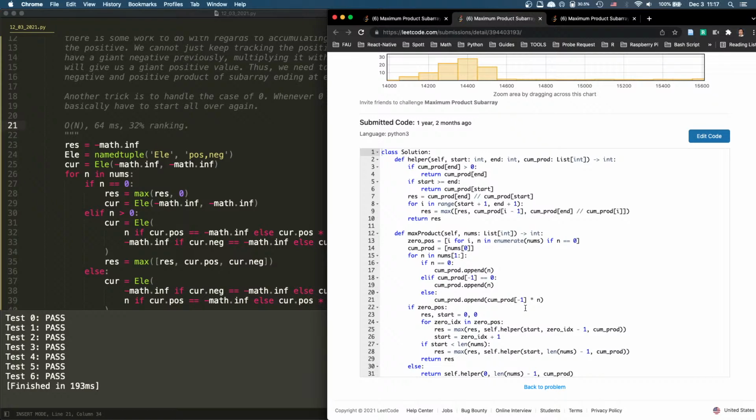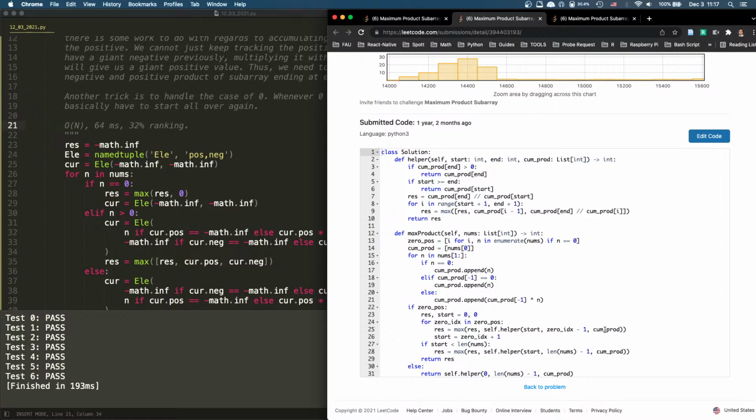And then what? Then 0 positions. Max helper start. So 0 index -1.